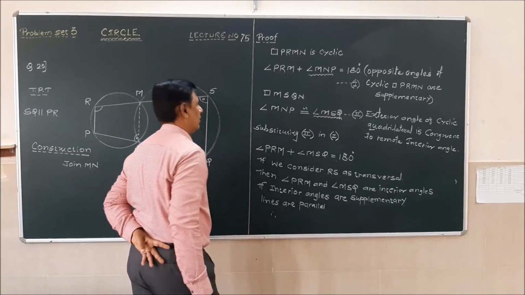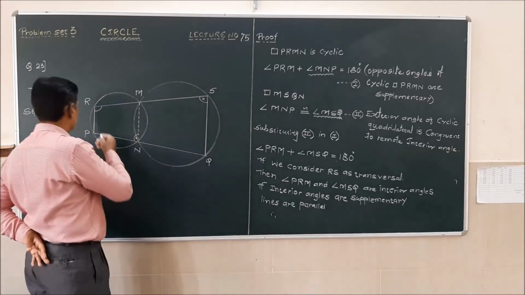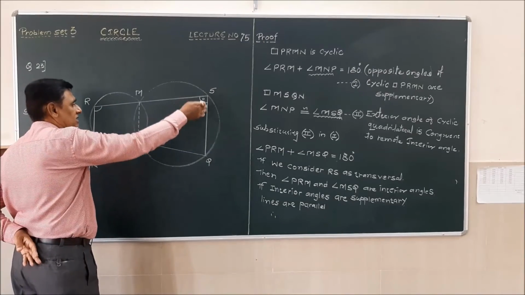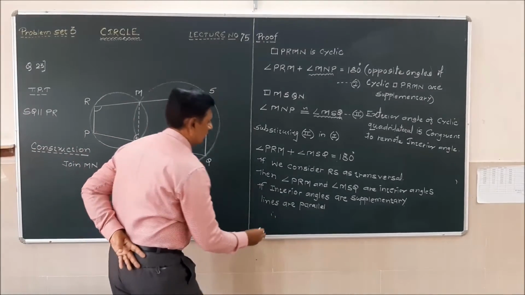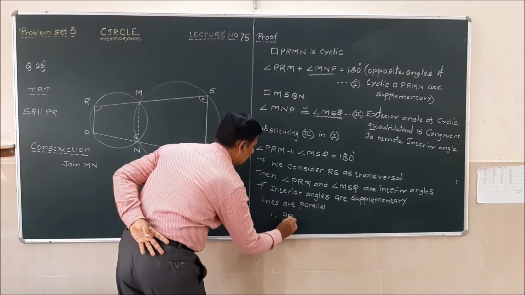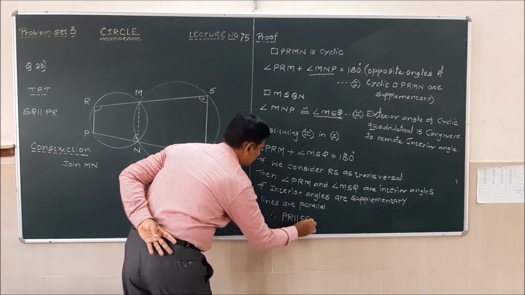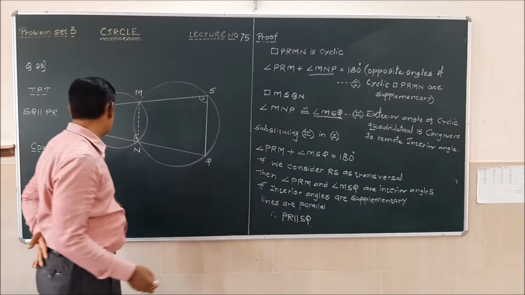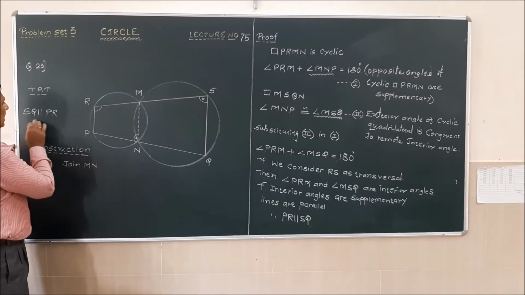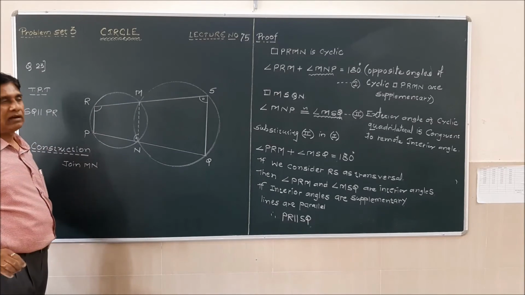Therefore, PR is parallel to SQ. That is what we had to prove: SQ and PR are parallel to each other.